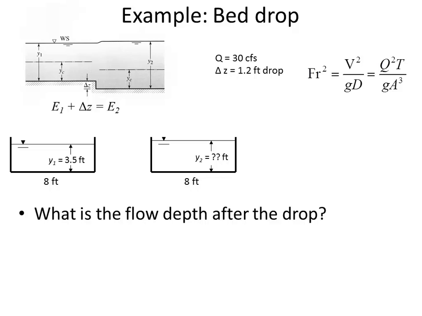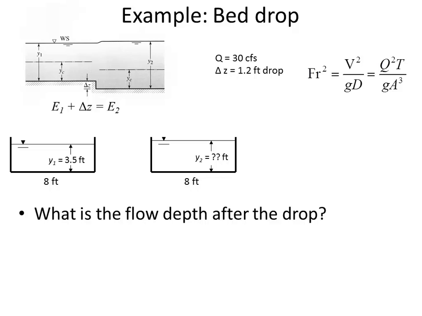All right, that is 3.5 feet plus 1.071 feet per second, square that, over 2 times 32.2 feet per second squared. Okay, our total amount of energy at 1 is 4.718 feet.